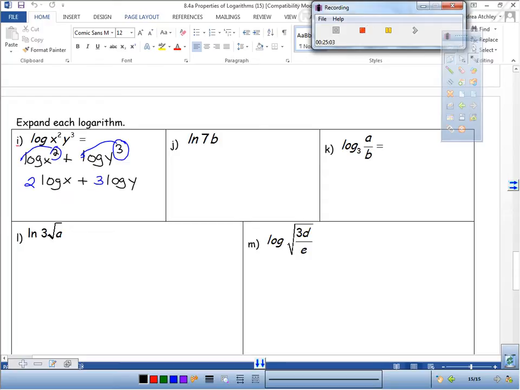So Peter, what did you get for that? You haven't done it yet? Okay, go for it. Very good. It's just being multiplied so you can add them. ln of 7 plus the ln of b.